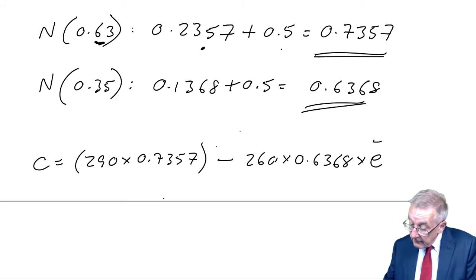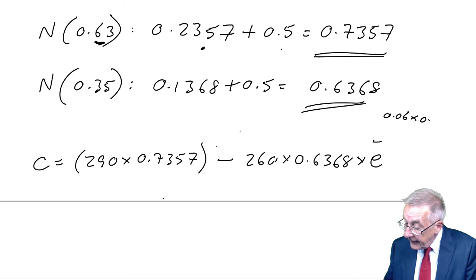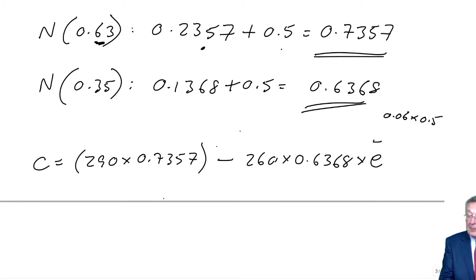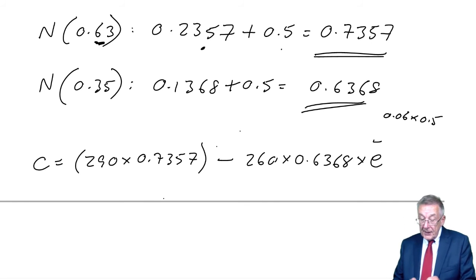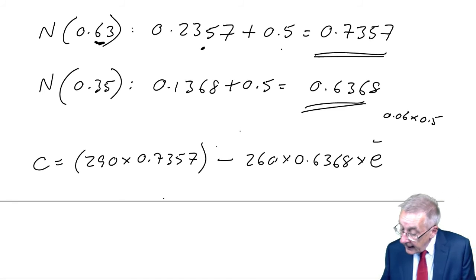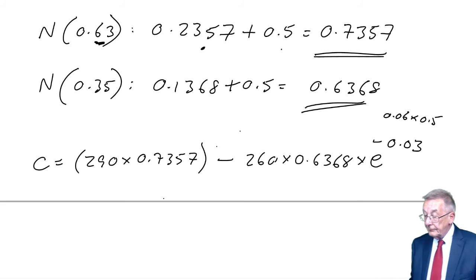R was 6%, 0.06, T was 6 months, 0.5, so R times T, 0.06 times 0.5, it's minus 0.03.